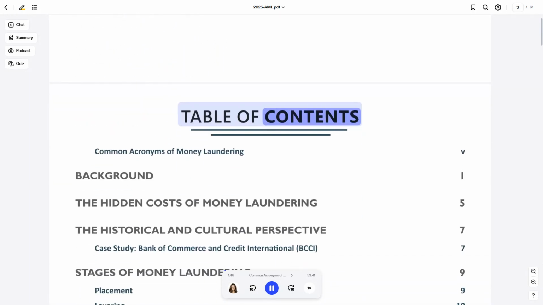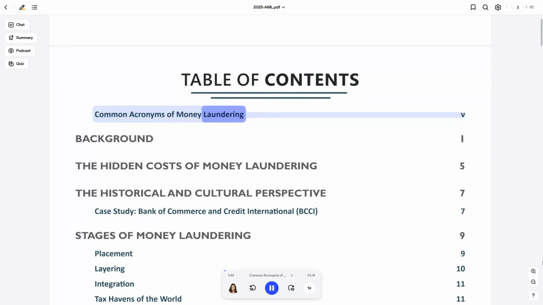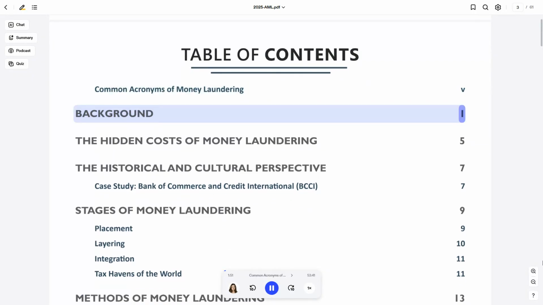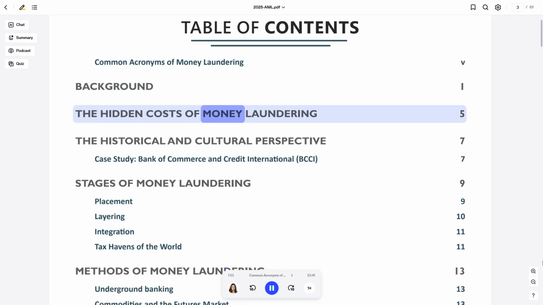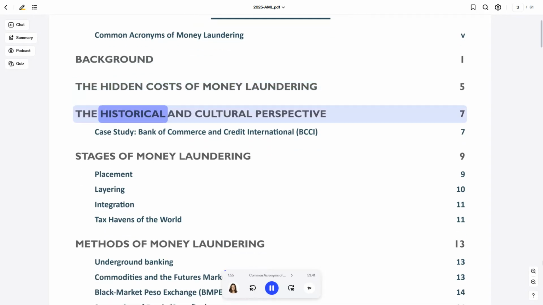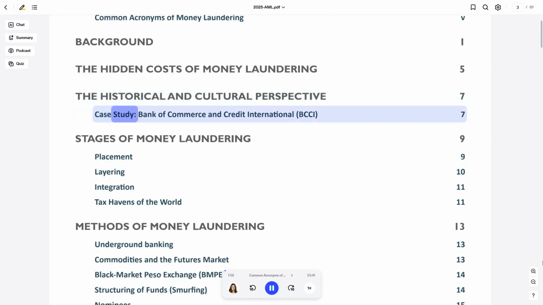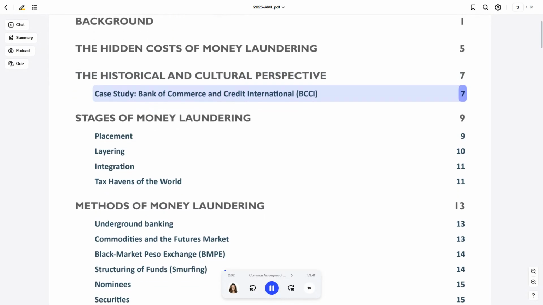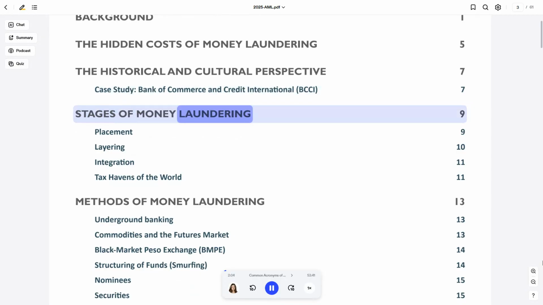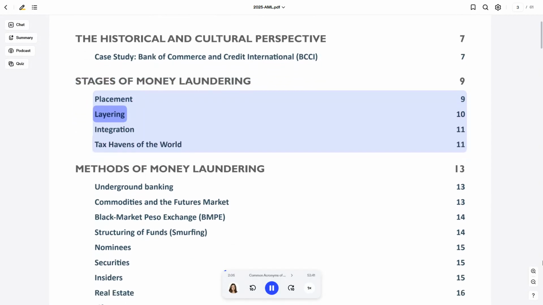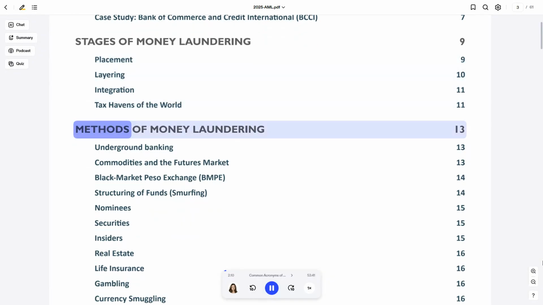Table of Contents. Common acronyms of money laundering. Background: the hidden costs of money laundering; the historical and cultural perspective; case study: Bank of Commerce and Credit International, BCCI. Stages of money laundering: placement, layering, integration.